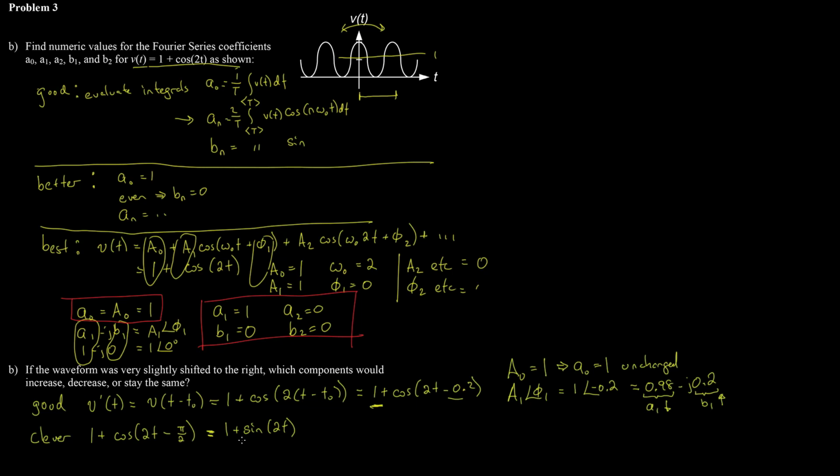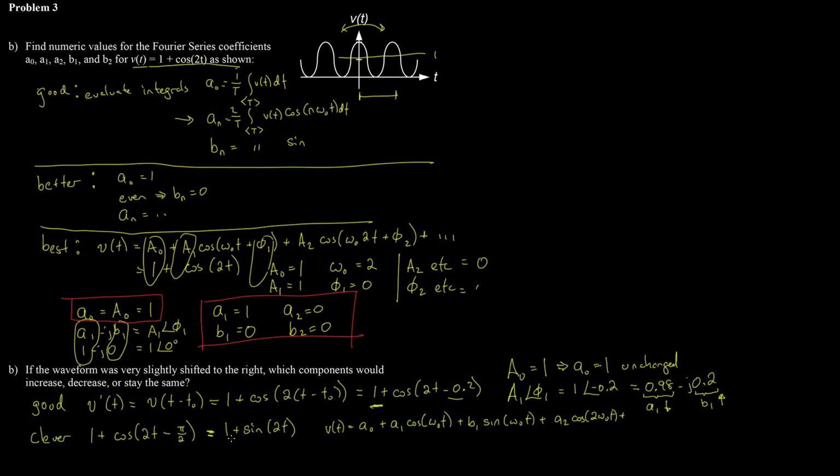And now you can directly compare that versus the Fourier synthesis version. And the Fourier synthesis, remember, says that your original voltage waveform is equal to your a naught component plus some amount of a1 times cosine of omega naught t plus your b1 times your sine of omega naught t plus, and you can continue that out, a sub 2 cosine of 2 omega naught t, and so on and so on.